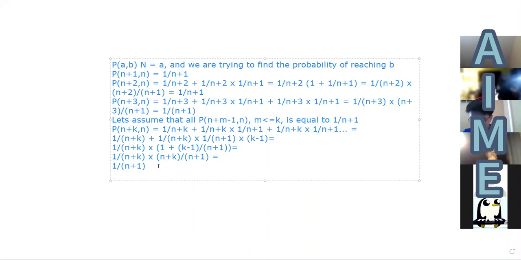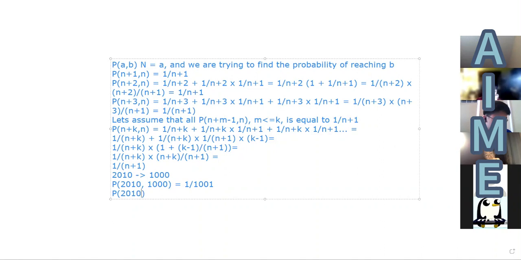That means that if we're going to go from 2010 all the way to 1,000, then the probability of 2010 to 1,000 is going to be equal to 1 over 1,001. And then we can multiply this by the probability of starting from 1,000 and getting to 100, because we need to get to 1,000 first, but it doesn't really matter anyways.